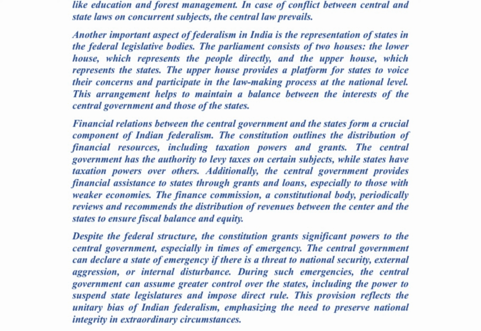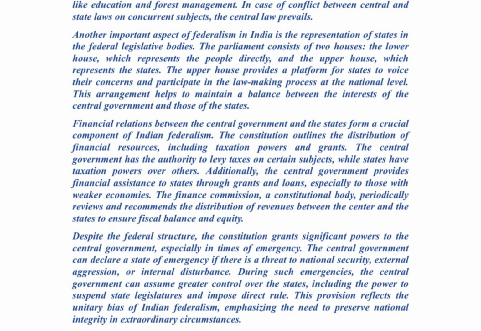Another important aspect of federalism in India is the representation of states in the federal legislative bodies. The parliament consists of two houses: the lower house, which represents the people directly, and the upper house, which represents the states.